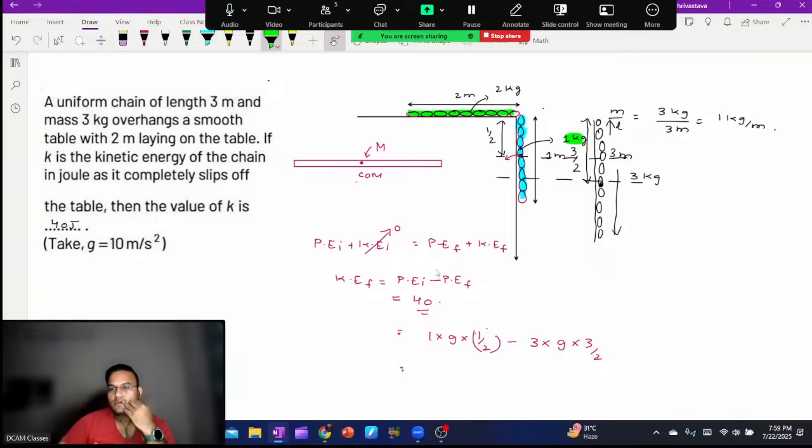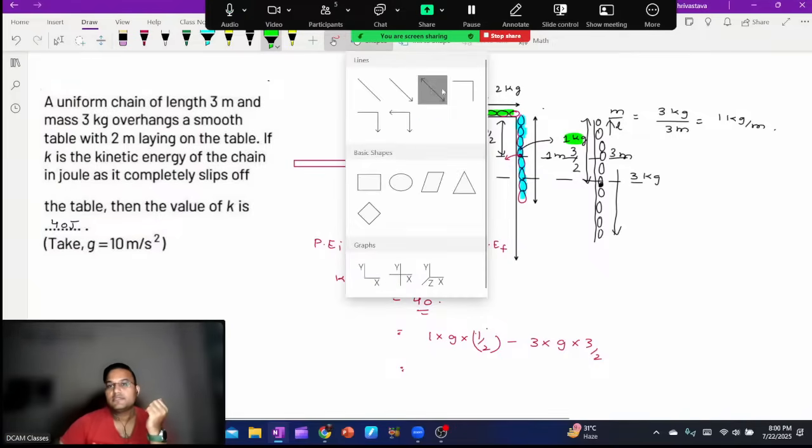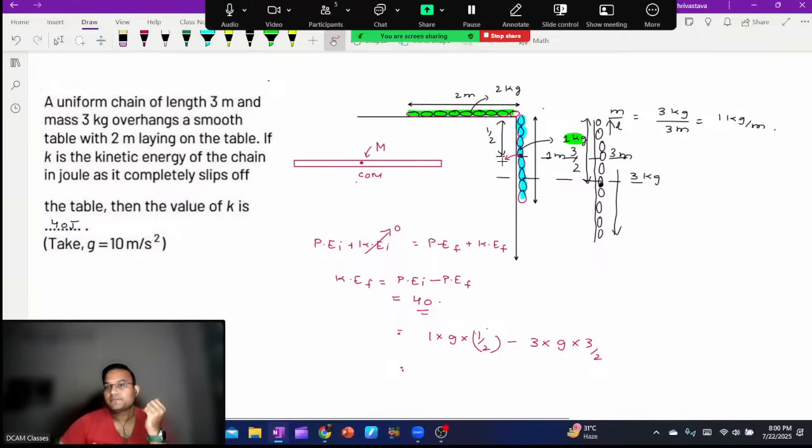Initially, the potential energy was this, no? It was here. Mass was 1 kg, mg h1, no?